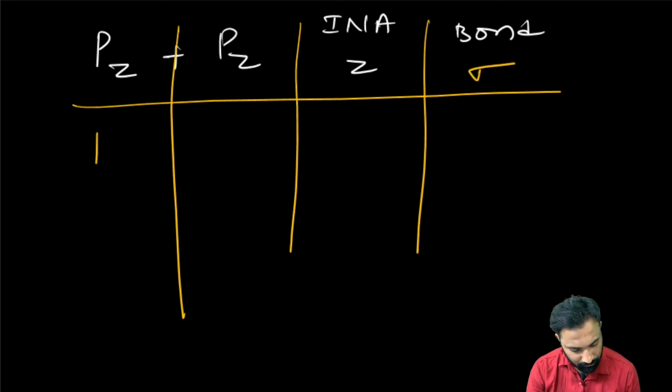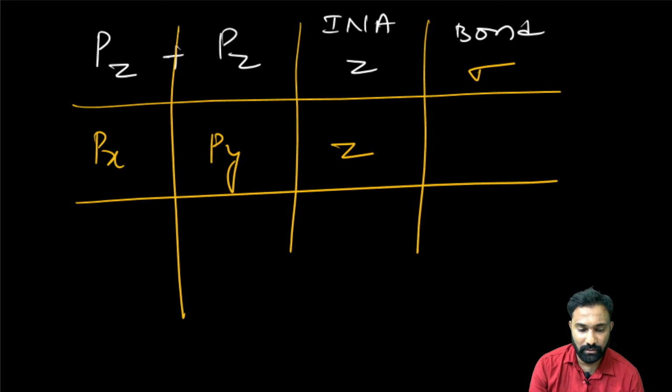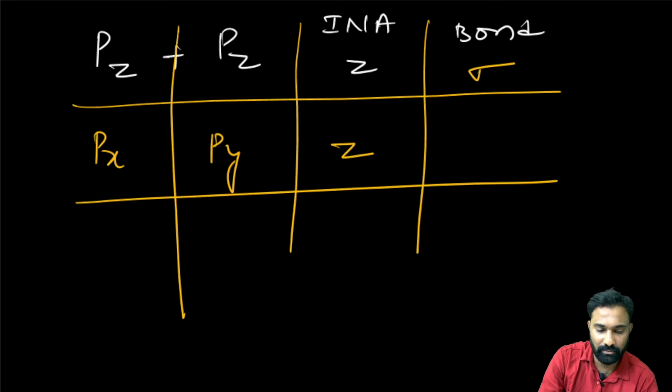Now px orbital and py orbital, internuclear axis is z. Good. Next, px and py, internuclear axis z.